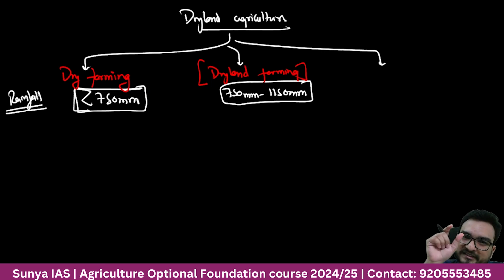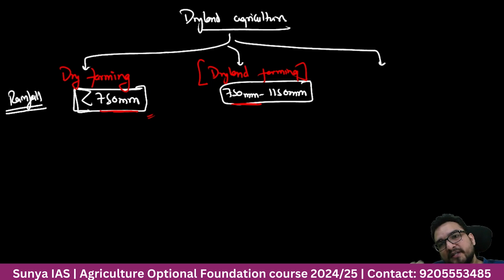You just have to understand it in this way only, because these are academic terms which you need to remember. What is the difference? You will automatically tell the difference that dryland farming and dry farming are differentiated on the basis of rainfall they receive. And that is basically 750 mm, and greater than 750 mm, less than 1150 mm is dryland farming. I hope you are understanding this much.